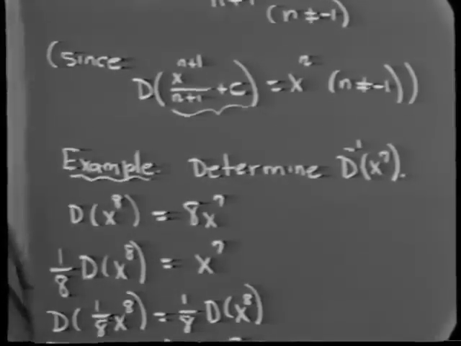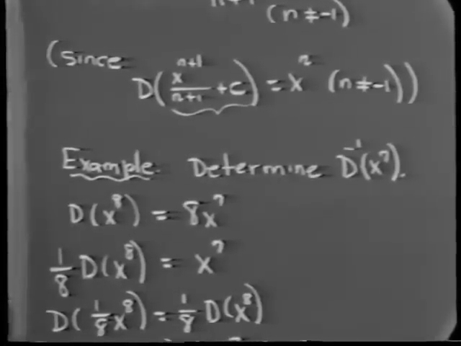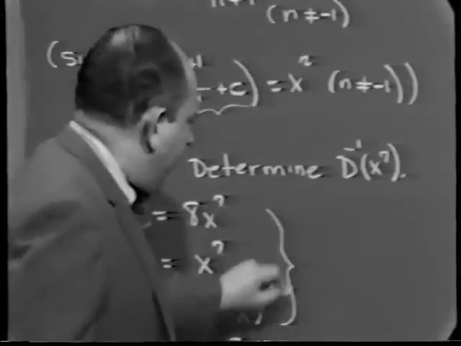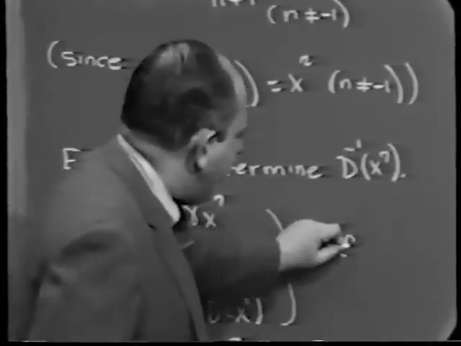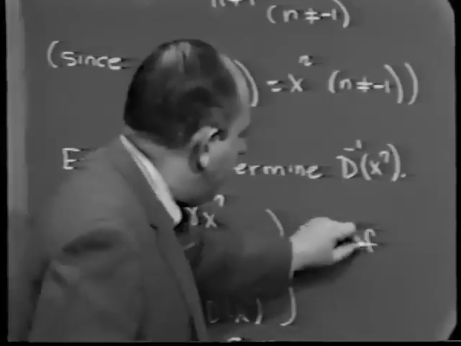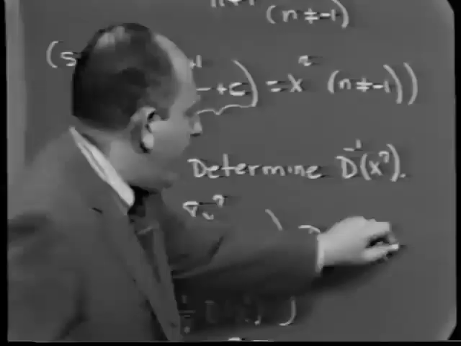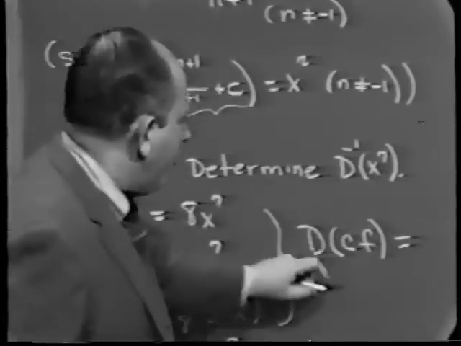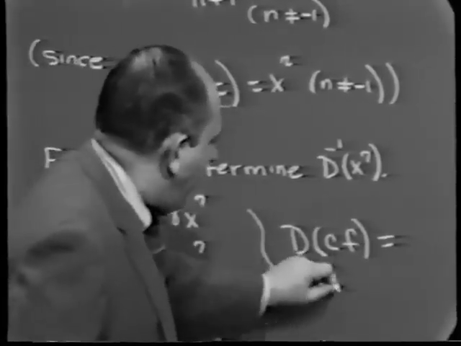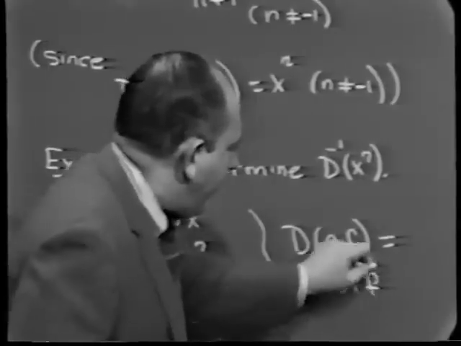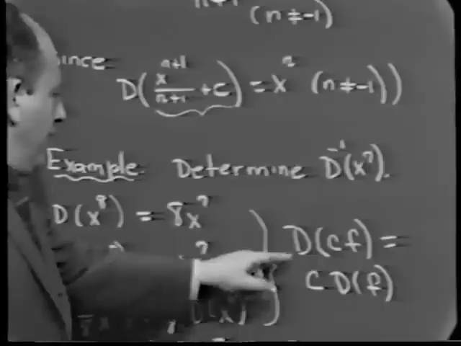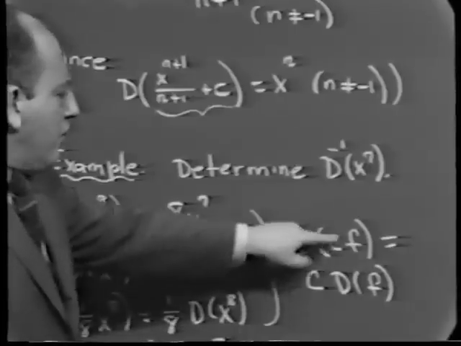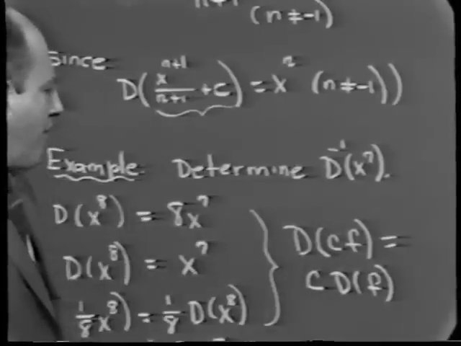And now comes a very crucial step. Let me write that down, because I think it's something that we should pay very close attention to. And that is that the derivative has the property that if you want to differentiate a constant times a function, you can take the constant out and differentiate just the function. This is a very crucial point, because, by the way, notice that in general, not all functions have this property.